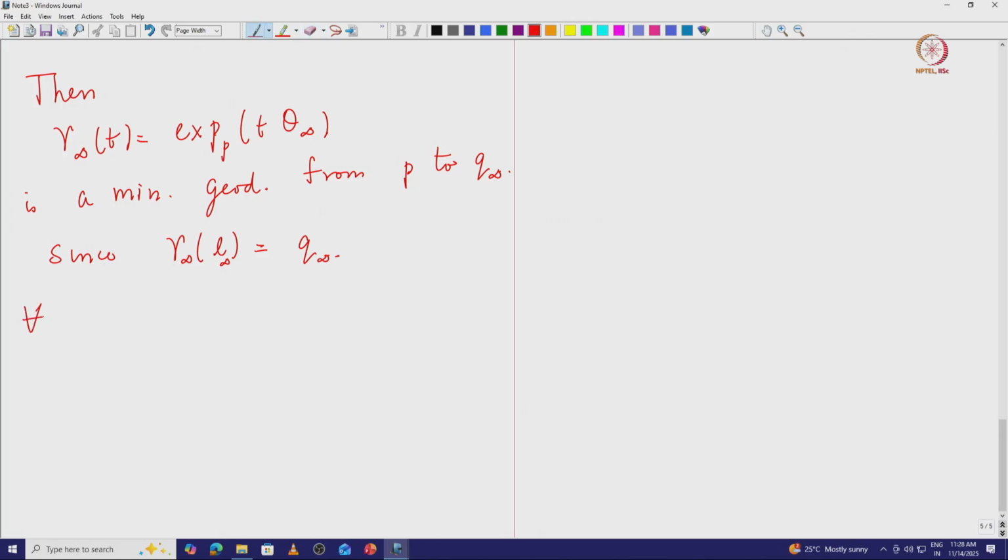Now for all k, because A holds, there exists a Wk which is non-zero and in the kernel of the derivative of the exponential map at this point Lk theta k.